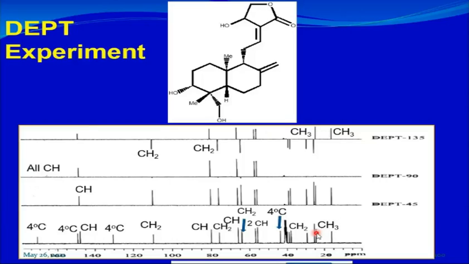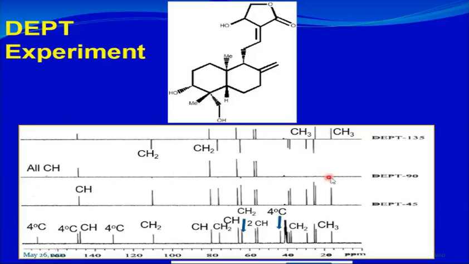What about quaternary carbons? So you can actually take a difference of the depth 135 and the broadband to identify the quaternary carbons. In depth 135, you see all the carbon atoms that have hydrogens attached to them, CH, CH2, and CH3. Not in depth 90.